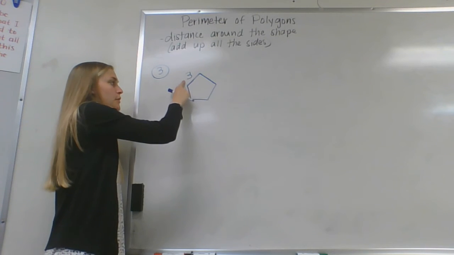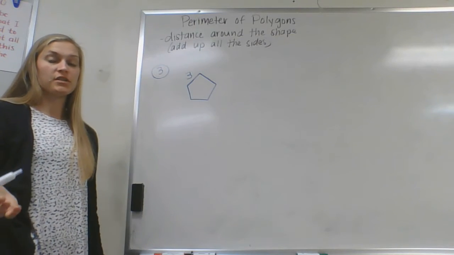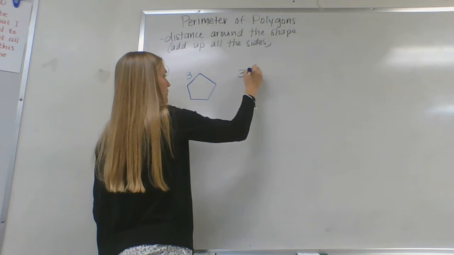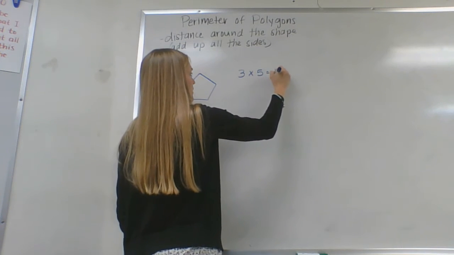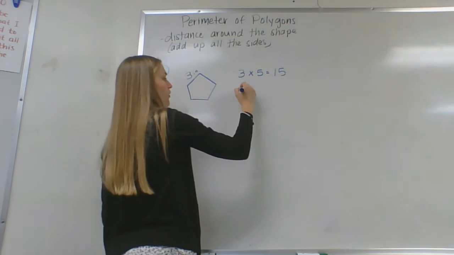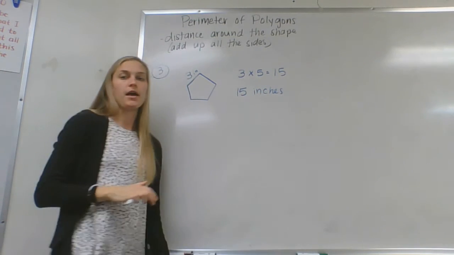So you can add 3 plus 3 plus 3 plus 3 plus 3, or, a pentagon has 5 sides and they're all 3. That would be 3 times 5, 15. This time let's give it a label. We'll call it inches. So all the way around that will be 15 inches. And that would be the perimeter.